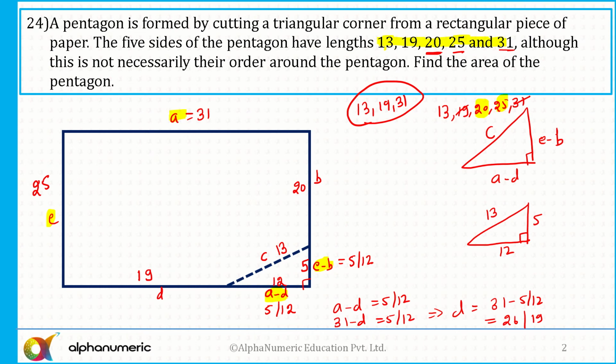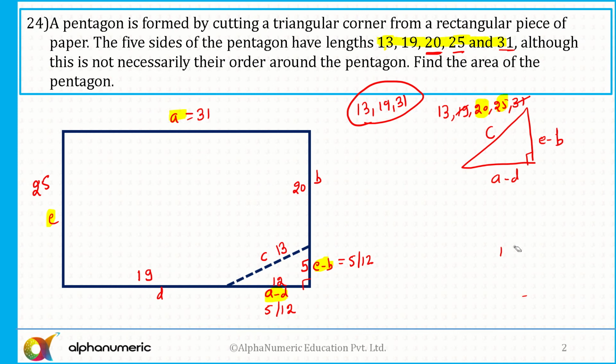Alright, so now we have got all the sides of the pentagon. Now the question is to find the area of the pentagon. To find the area of the pentagon, I need to find the area of the rectangle, and from the area of the rectangle, subtract the area of the corner triangle.